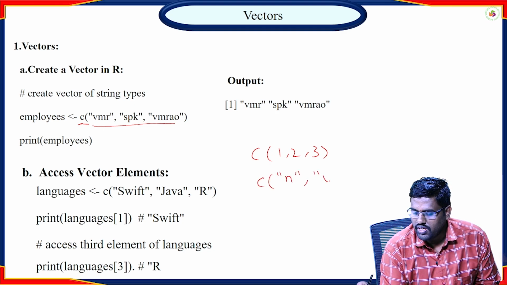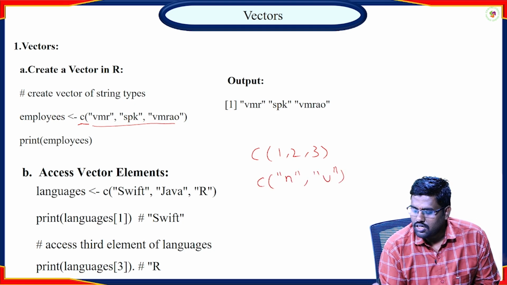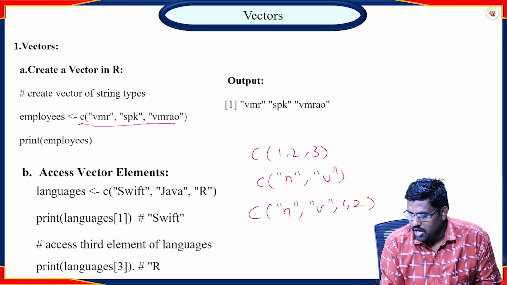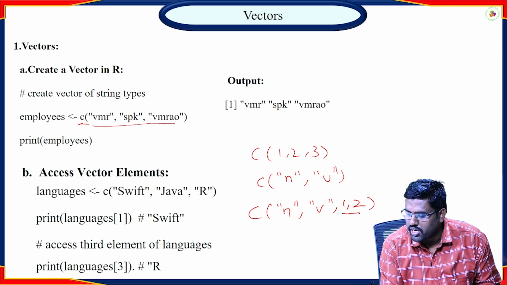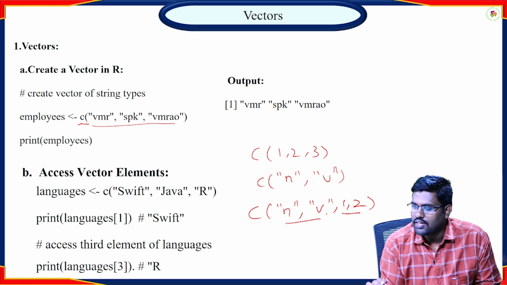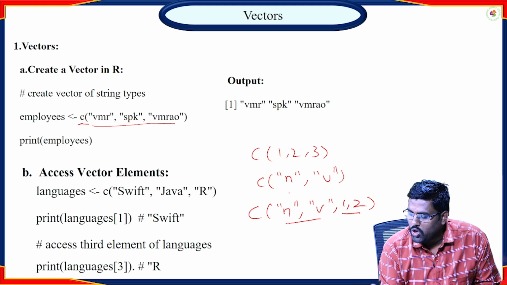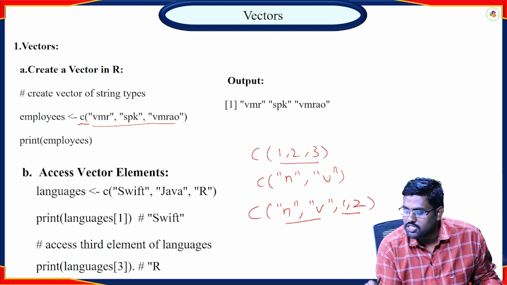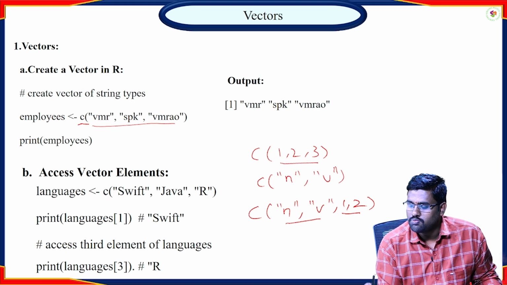A collection of names and numbers mixed, where one belongs to the numeric data type and another belongs to the character data type, is not allowed in vectors. They allow only homogeneous values, meaning the values must be described in the same data type, either character, numeric, or any of the data types.